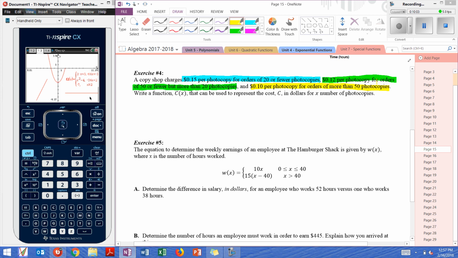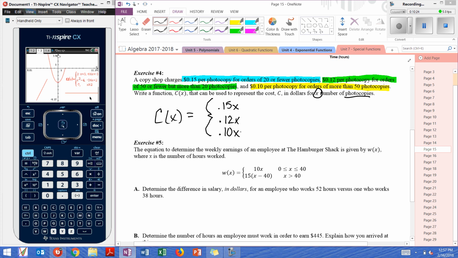So this looks like a bunch of pieces that we need to have. Our function is c of x, and we need to come up with those 3 pieces. So what was it? 15 cents per photocopy x, and then 12 cents, and then also 10 cents.